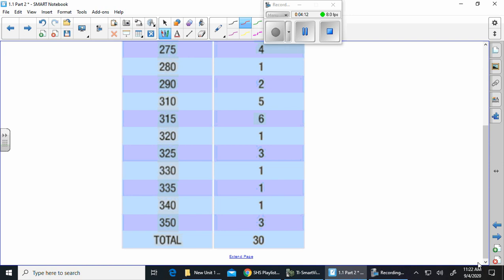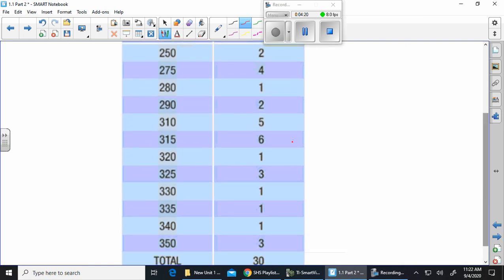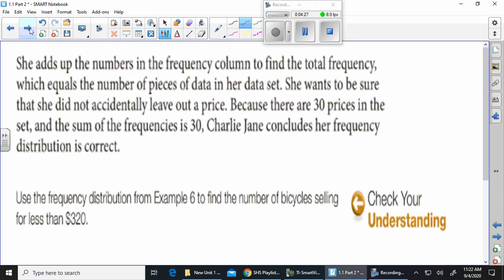So we have 30 bikes. If I asked you for the mode, while looking at this, it appears that 315 would be my mode. The other question that is asked, find the number of bikes selling for less than 320.